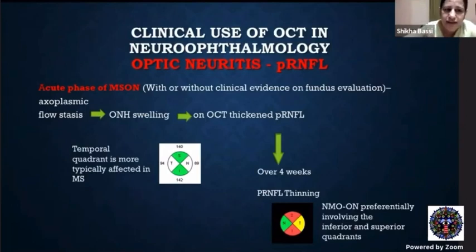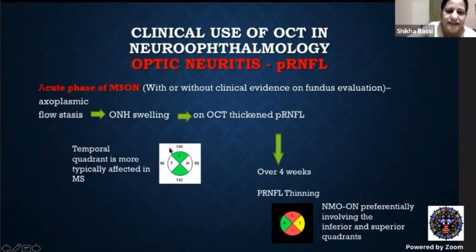In the acute phase of multiple sclerosis optic neuritis, which may or may not be associated with papillitis, that is both in retrobulbar optic neuritis and papillitis, there is axoplasmic flow stasis, which leads to optic nerve head swelling, and it can be seen as thickness of the peripapillary retinal nerve fiber layer.